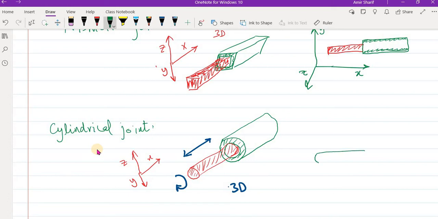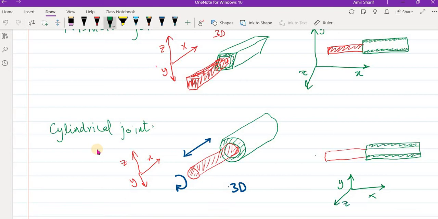And if you're looking at 2D, then in 2D it can move along the x-axis, but it cannot move along the y-axis, and it cannot rotate about the z-axis, but it can rotate about the x-axis.